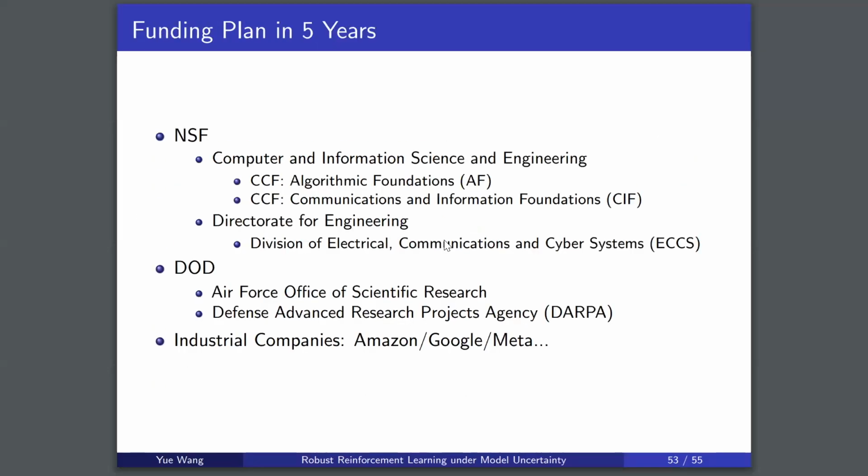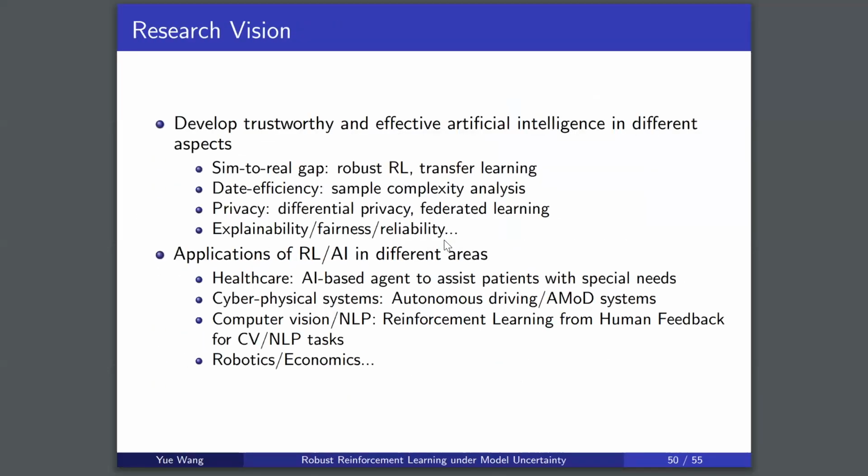Yes. As you can see, trustworthiness has many different aspects. Some of the aspects can be mathematically formulated. For example, for robustness, we can use robust reinforcement learning. For data efficiency, of course, we can study the sample complexity. And for privacy, especially differential privacy, there has been a mathematical framework and formulation for this problem.